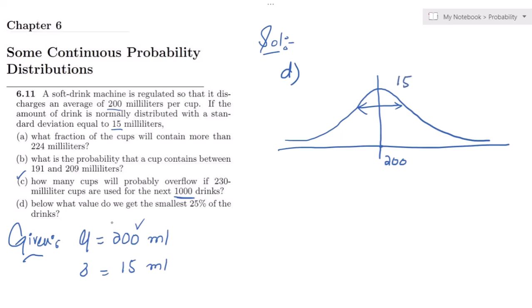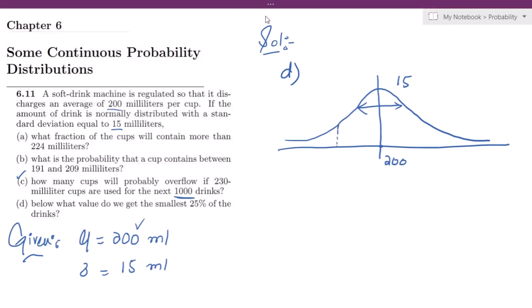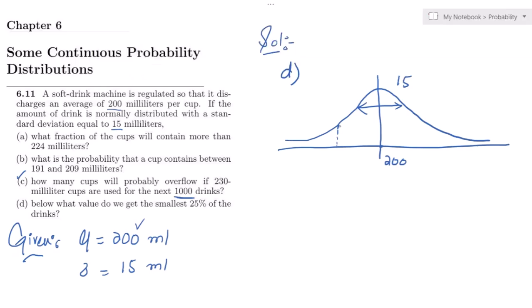Now we want to find what value gives the smallest 25% of the drinks. So let me mark here the lowest 25%, the lowest quartile. For it we want to find this value, such that lower than this we will have less than 25% of the drinks.